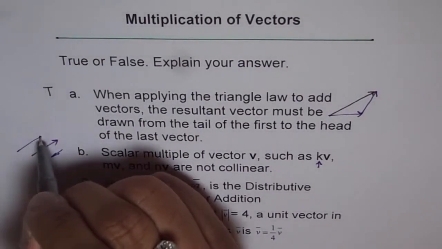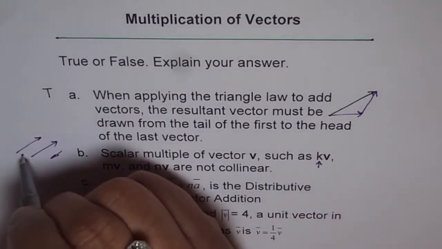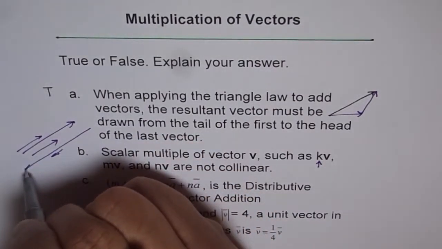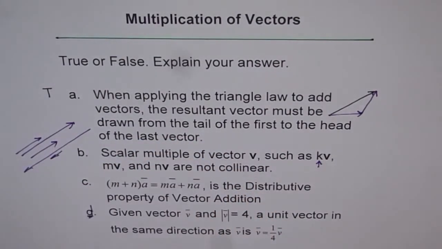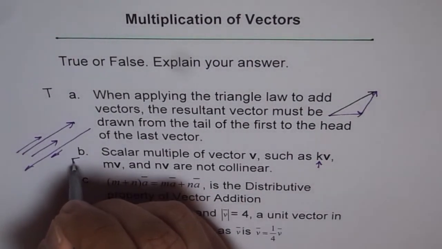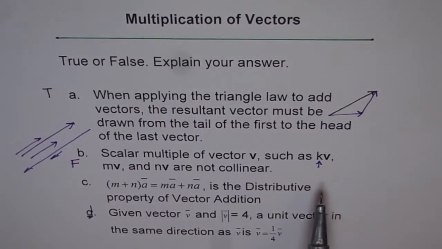So what we get is, if I multiply with any scalar, then I can scale it, right? Like this or like this. But all of them remain collinear, correct? Therefore, this one is false. So all the vectors remain collinear when we have a scalar multiple. In fact, that is a property.